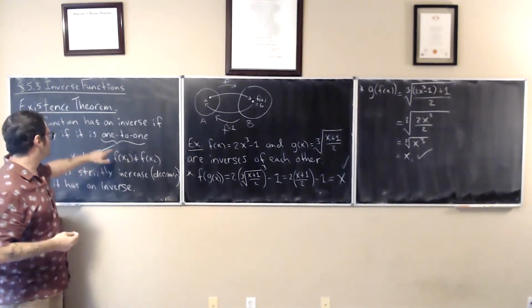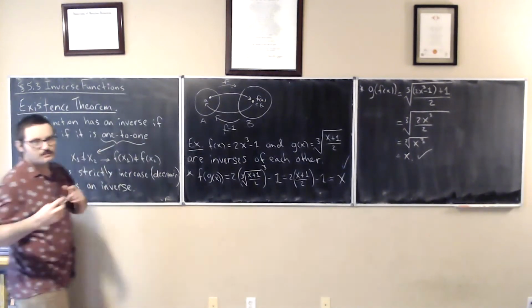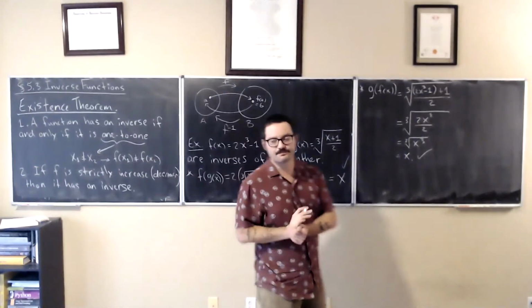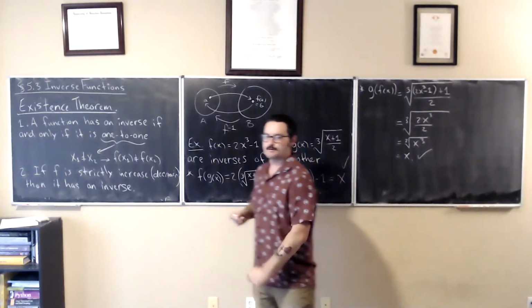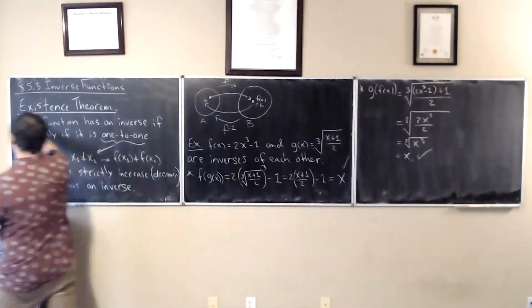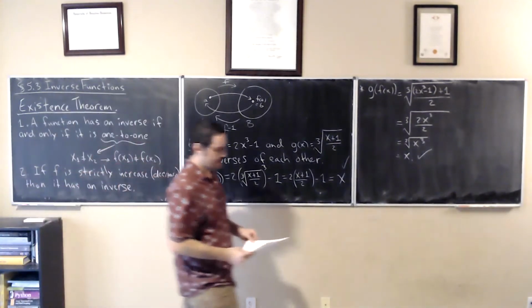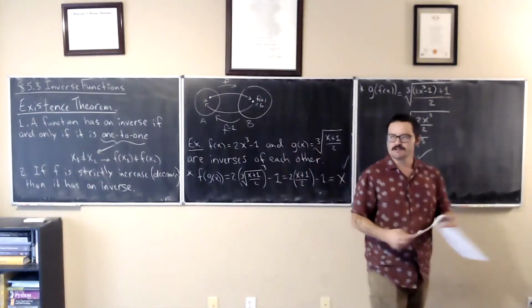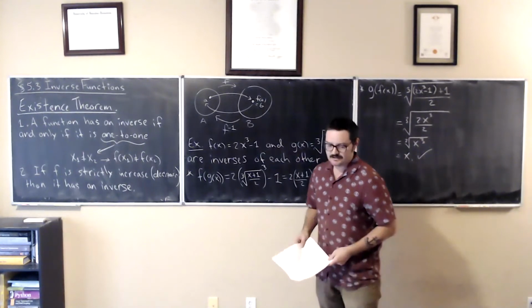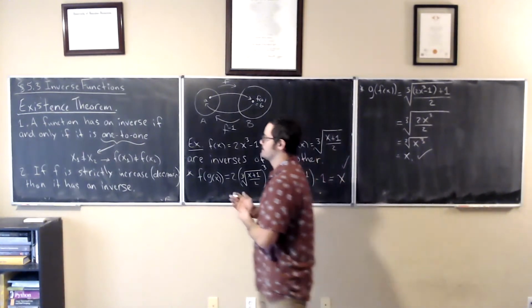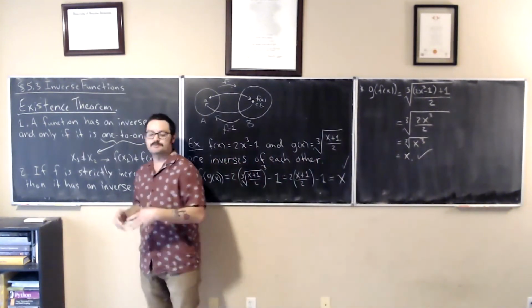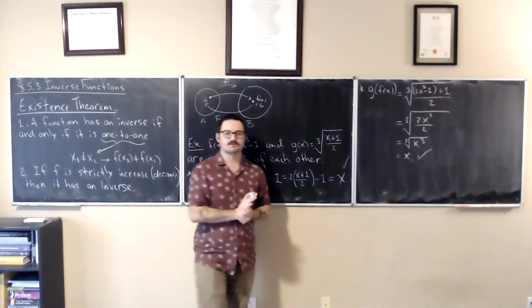It's going to be one-to-one, which by part one of this theorem means that it's going to have an inverse. Okay, so this is just a quick way to test whether or not a function has an inverse. And again, I should probably emphasize that this is relative to the domain that you choose for your function.